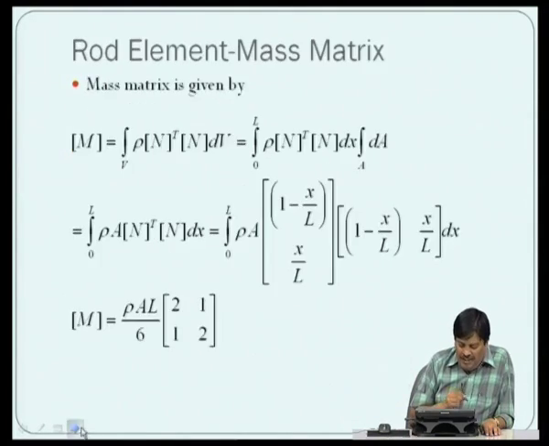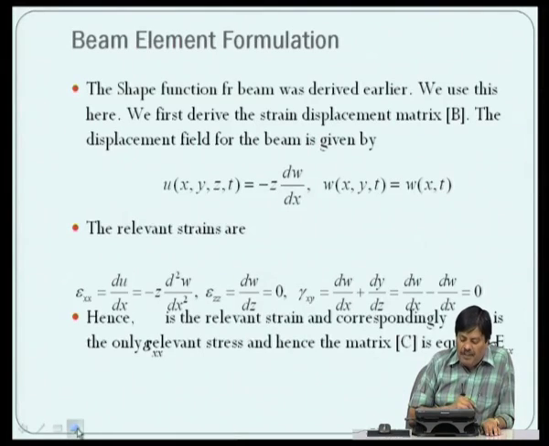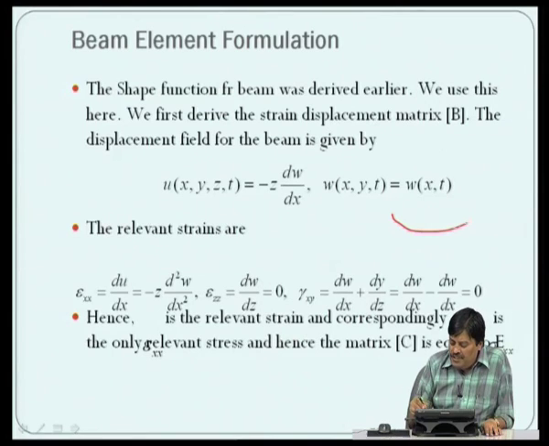Similarly, we can do the beam element formulation, where we have the displacement relation: the axial displacement is given by theta times z, where theta is the slope. So, basically when the beam bends, we have this is the mid plane.